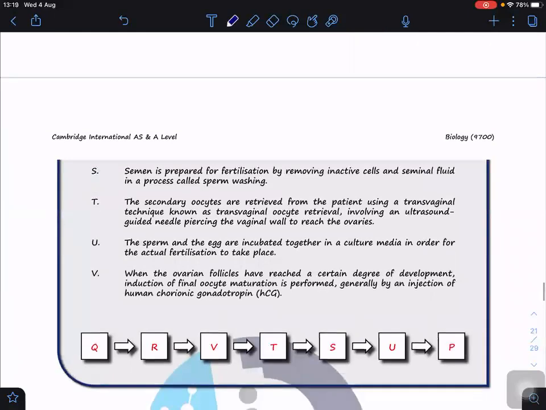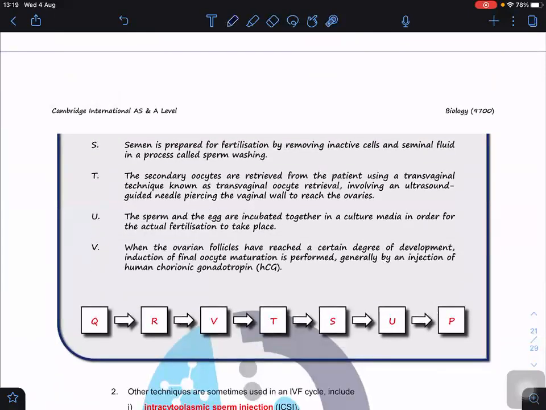And next, when the ovarian follicles have reached a certain degree of development, induction of final oocyte maturation is performed. How can we do this? We inject the HCG to make sure that the final oocyte maturation takes place.